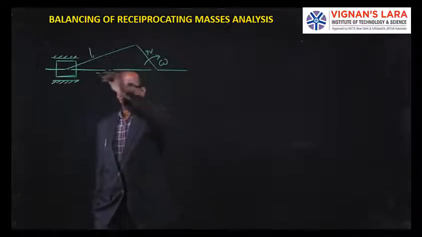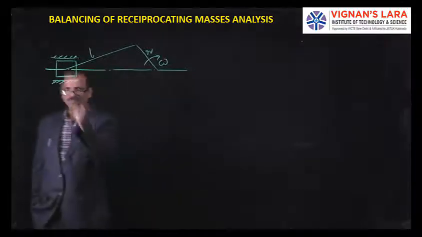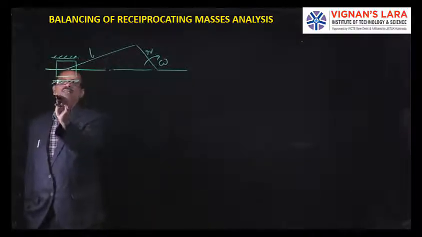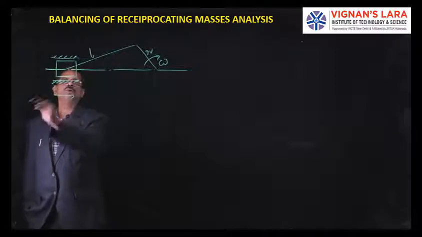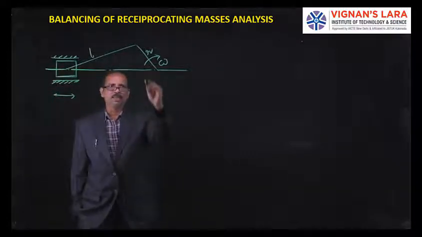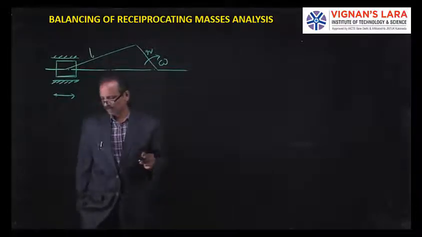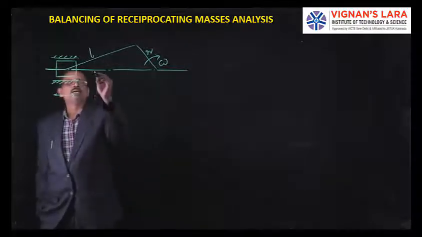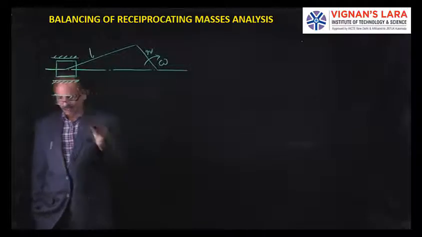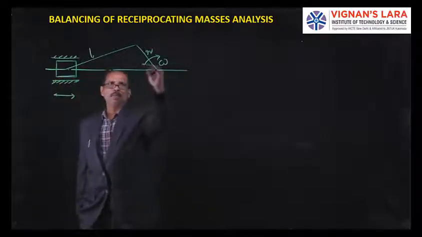When this piston is moving to and fro like this, the crank is revolving. Let us say the piston is caused to move by rotating this crank.